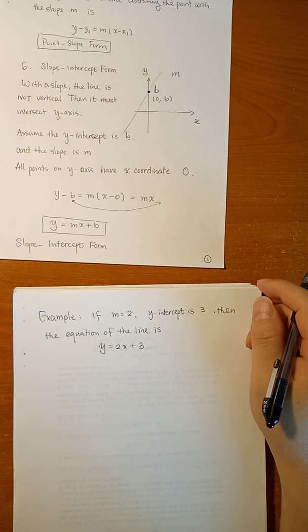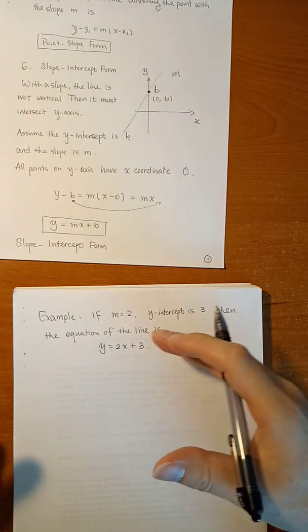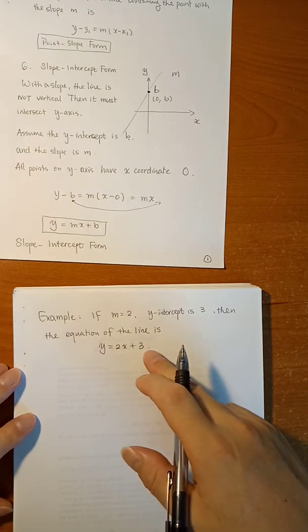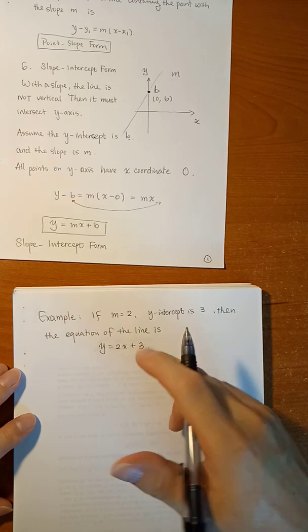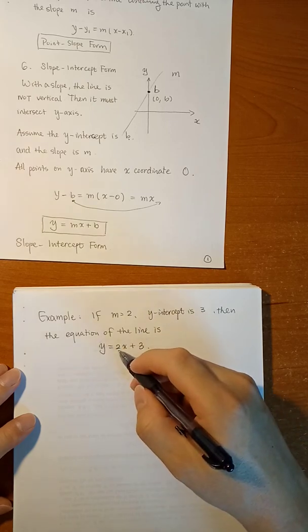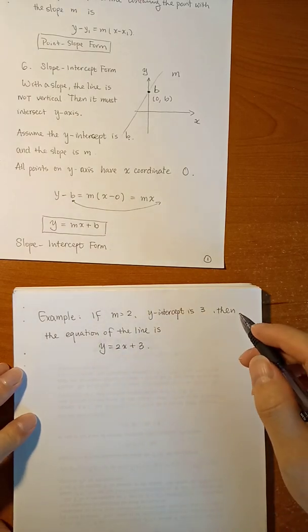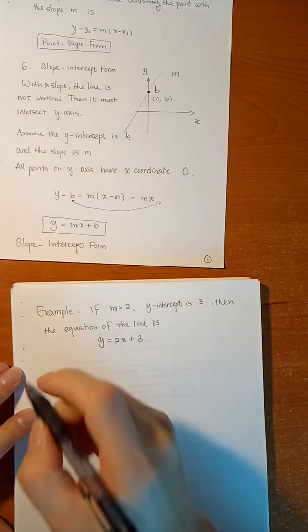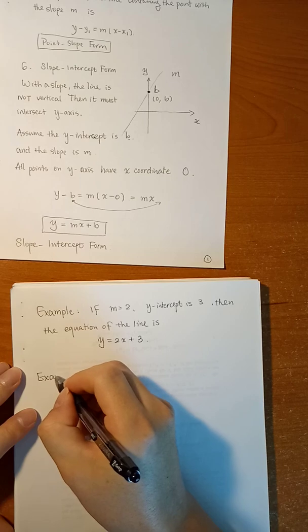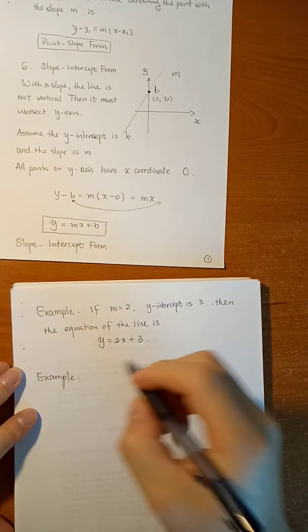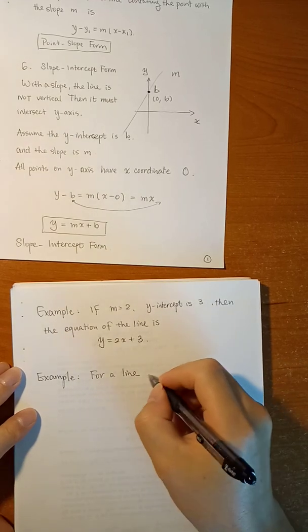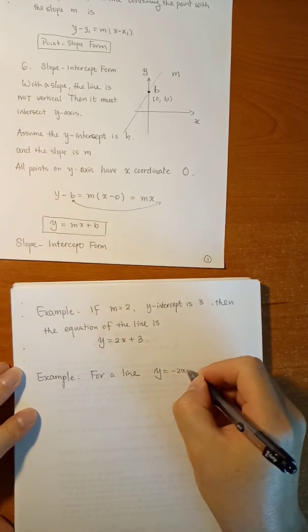And this slope intercept form can be used in the reverse way. When you have an equation like 2x plus 3, you can also directly say this line has slope 2 and y-intercept 3. It's like back and forth application. For a line, assume you already know the line is y equals negative 2x plus 7.